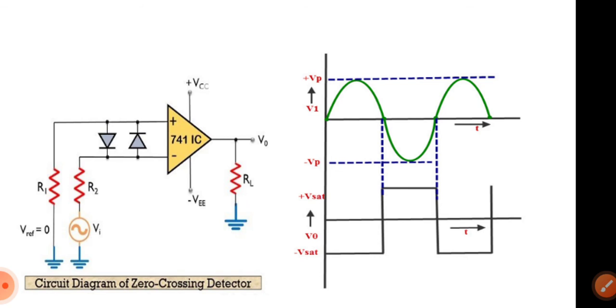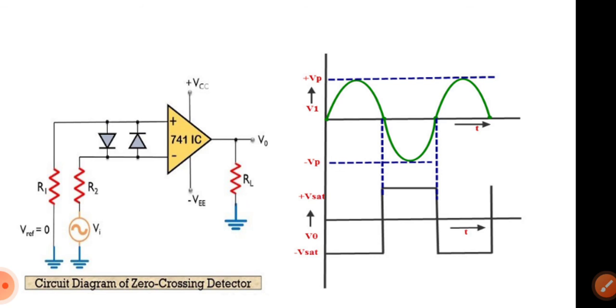Vin may be a slowly changing waveform, that is, a low frequency signal. Therefore, it will take Vin more time to cross the 0 volt.